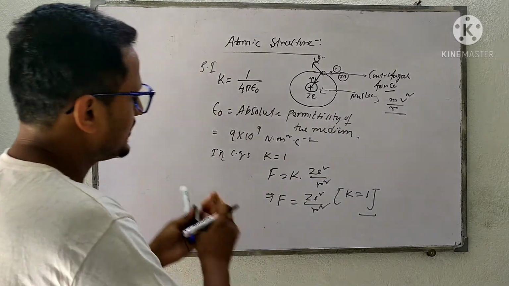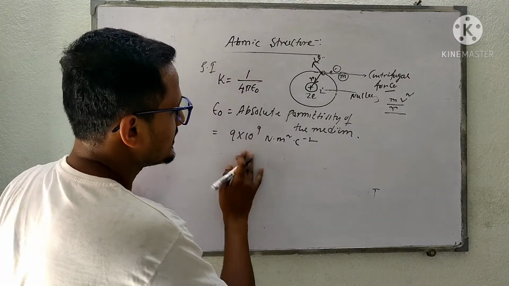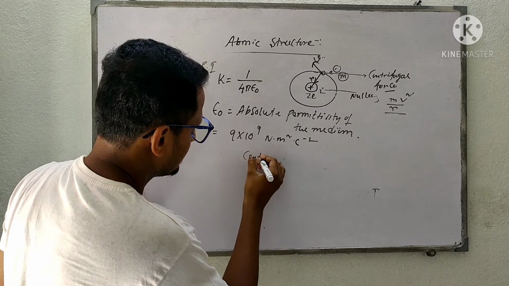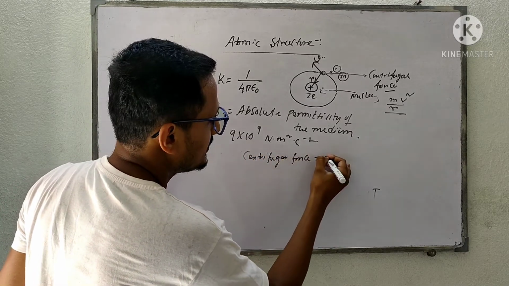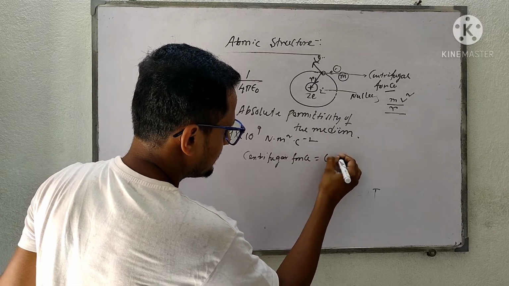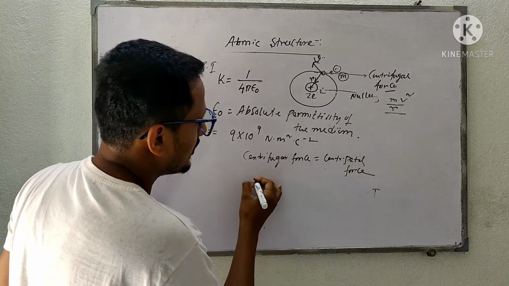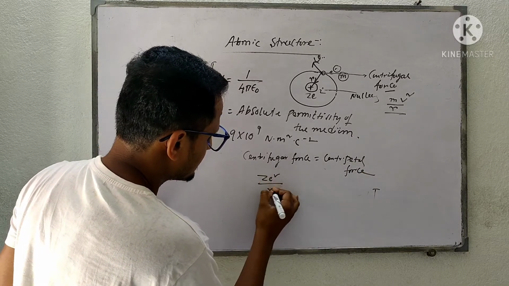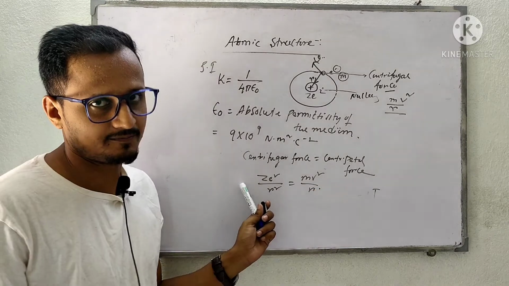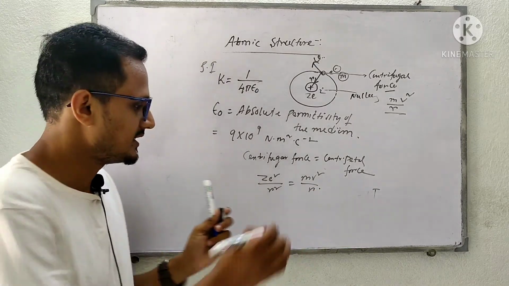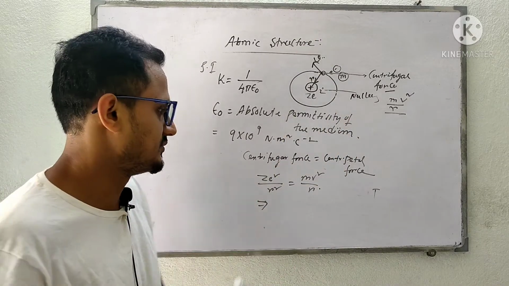So the centrifugal force is equal to the centripetal force. So we can write Z square by r square equals mv square by r. Again, I have taken K as 1 because the whole calculation will be done in CGS unit.